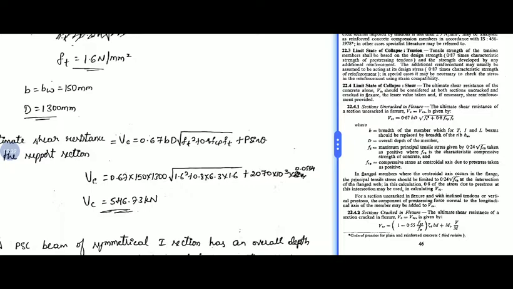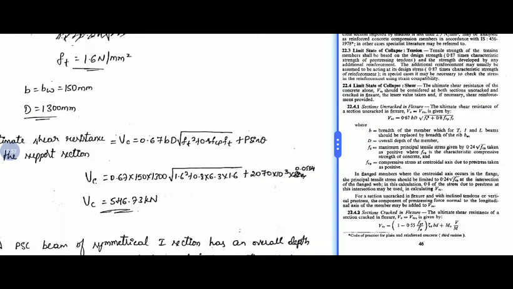So everything is same: 0.67 BD square root of FT square plus 0.8 FCP FT, plus P sin theta. It has a different profile.